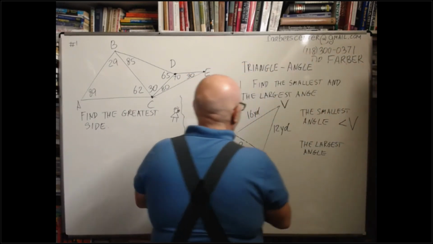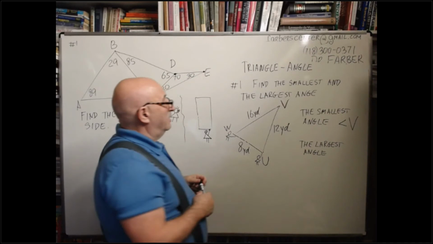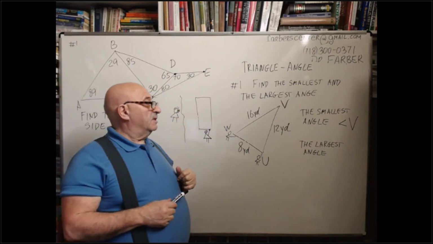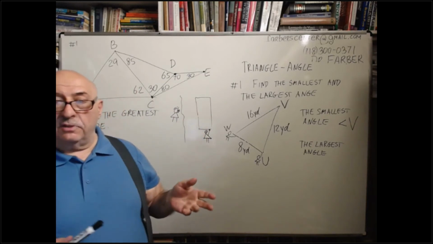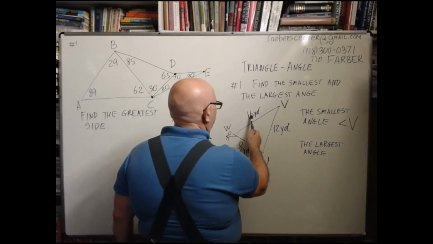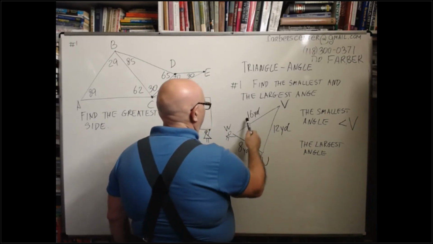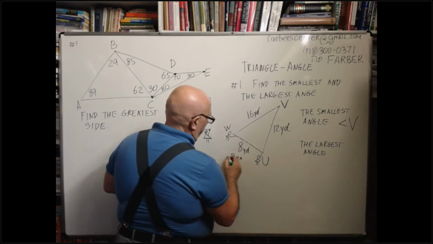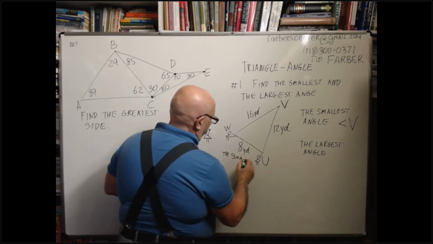And the logic is, opposite of the greatest angle is located the greatest side, and vice versa. Opposite of the greatest side is located the greatest angle. I'm looking for the greatest side. This is the greatest, 12, 8, or this is the smallest side. The smallest.